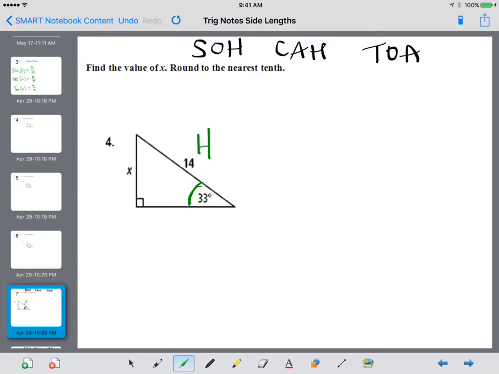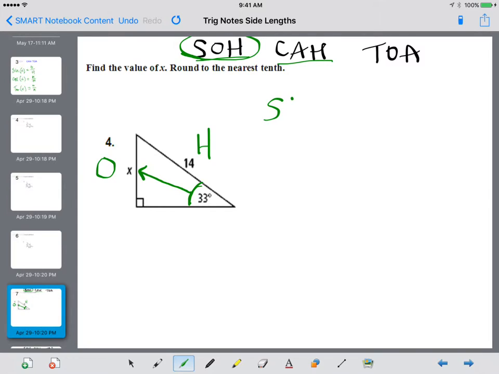The 14 represents the hypotenuse, so it's either going to be sine or cosine. Those are the only two trig functions that use the hypotenuse. From this 33-degree angle, I draw across the triangle to find the x. That side represents the opposite side, which means I'm going to be using sine.